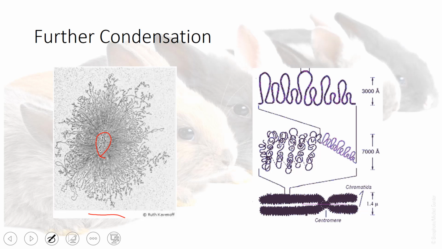And then here's each of these loops here that are made up of thousands or even hundreds of thousands of supercoils, and then those loops can be looped together into bigger loops, and this is basically what it takes to super condense the chromosome down into the form that we see during mitosis and meiosis.